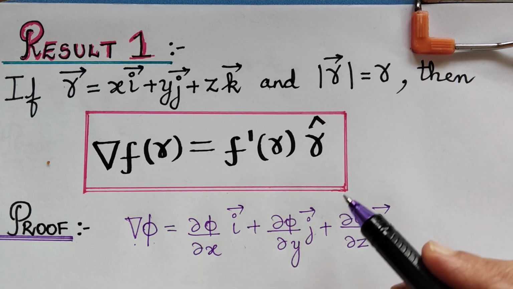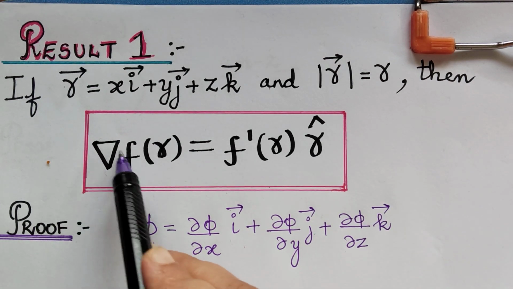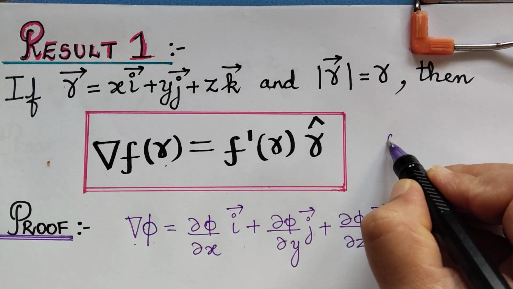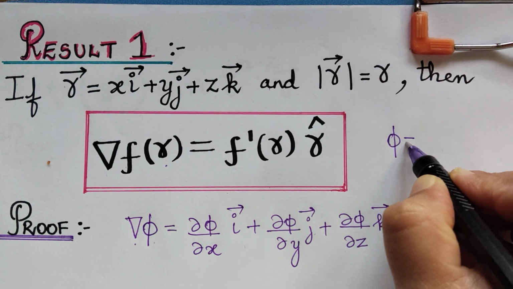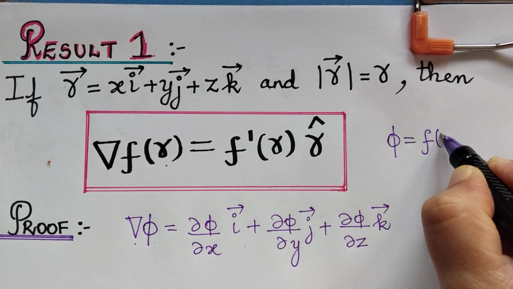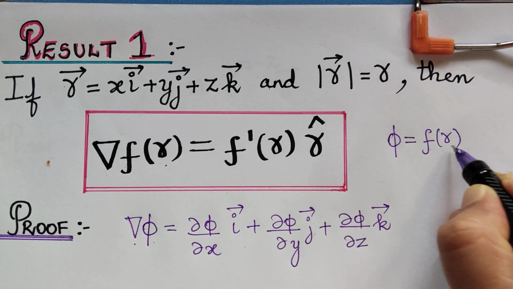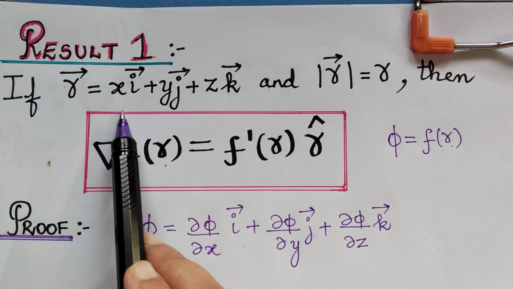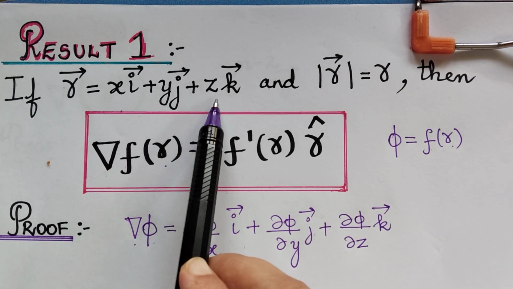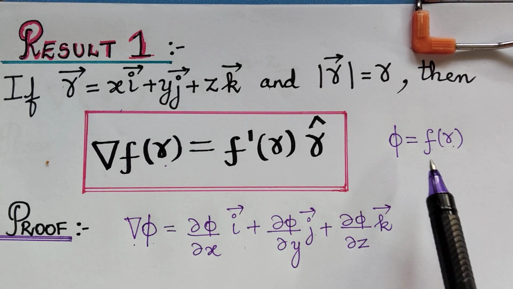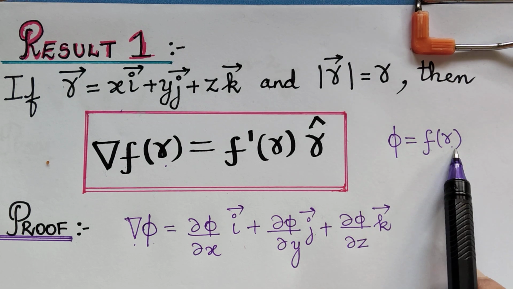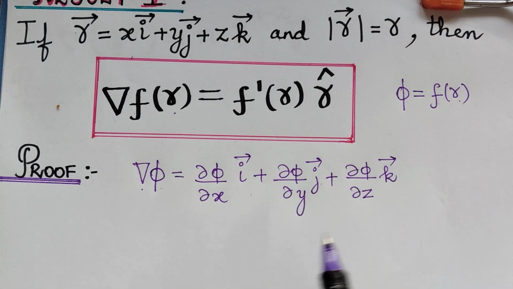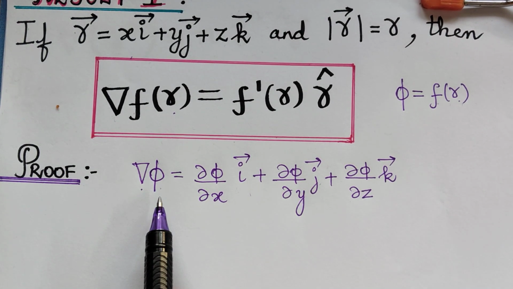Now, here in our question, we have nabla f of r, which means they have taken the function phi as f of r, a function of r, where r vector is xi vector plus yj vector plus zk vector.